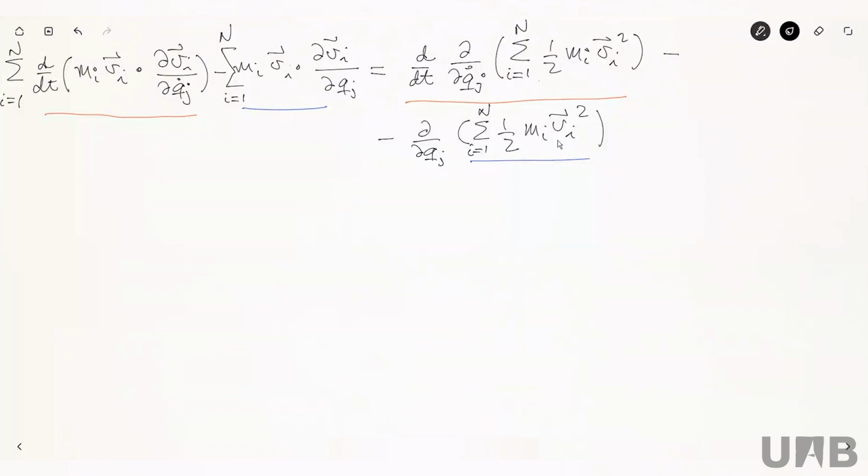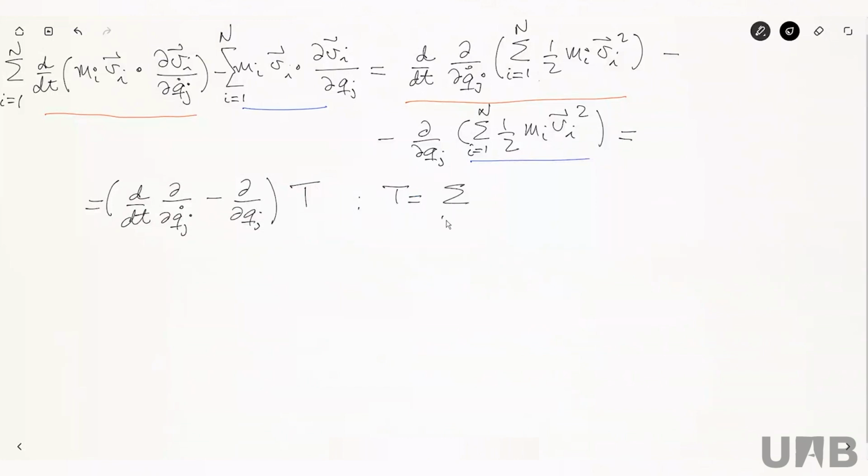Good. So what do we find? We find the derivative with respect to t of the derivative with respect to q dot j, minus the derivative with respect to q_j of something which is T. And T is going to be the sum from 1 up to capital N of 1/2 m_i v_i squared.